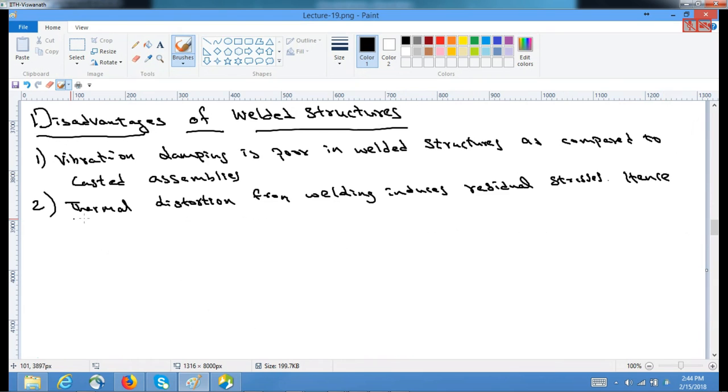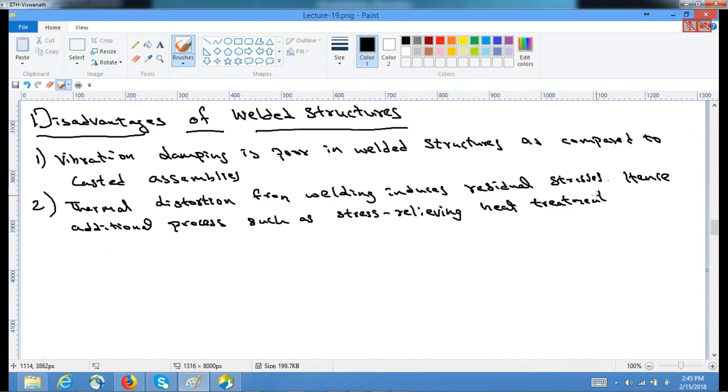Hence, additional process such as stress relieving heat treatment is required to relieve residual stresses in welded structures.